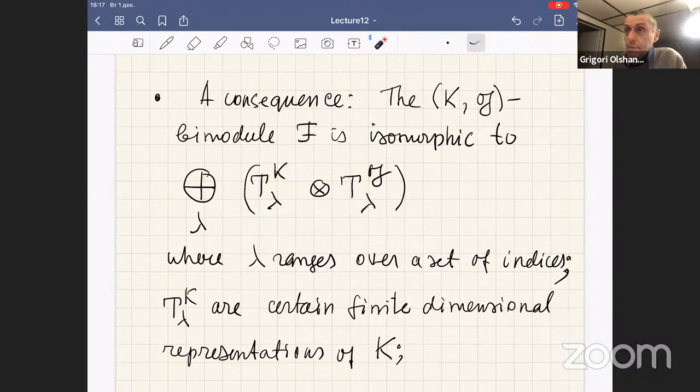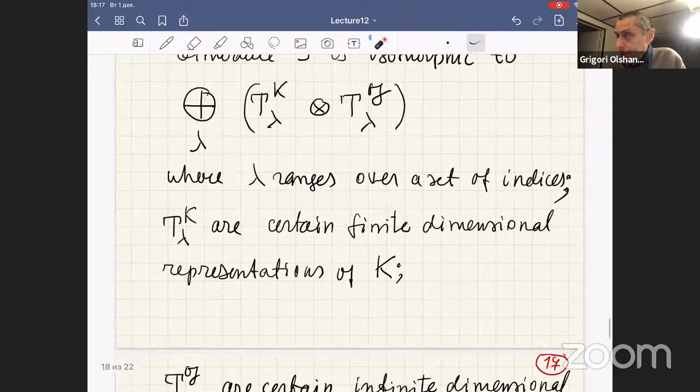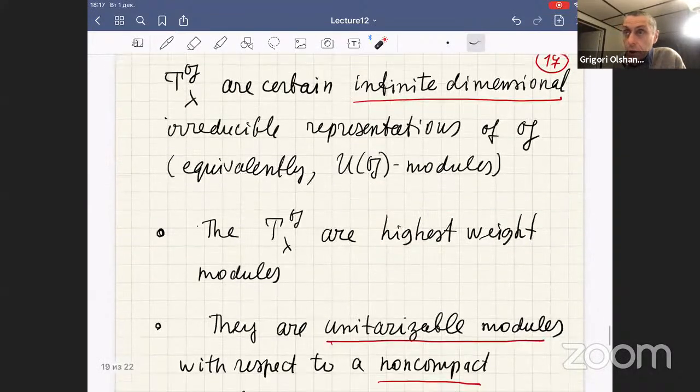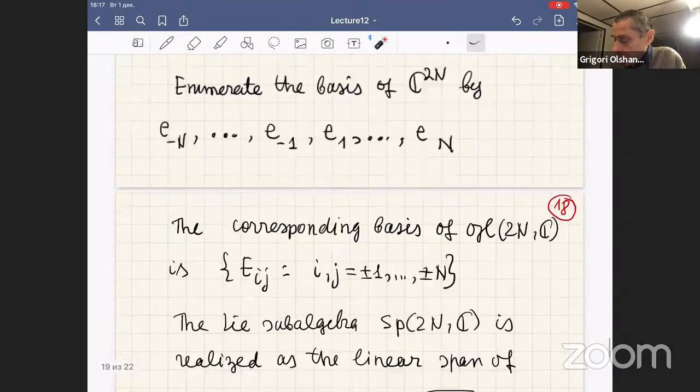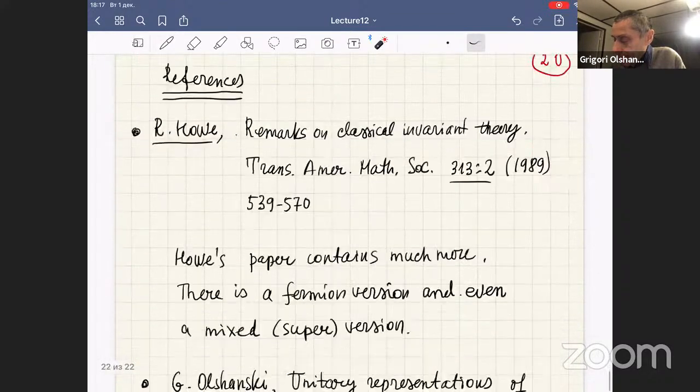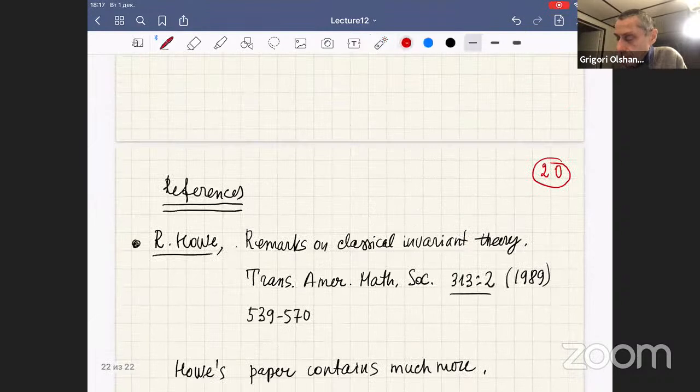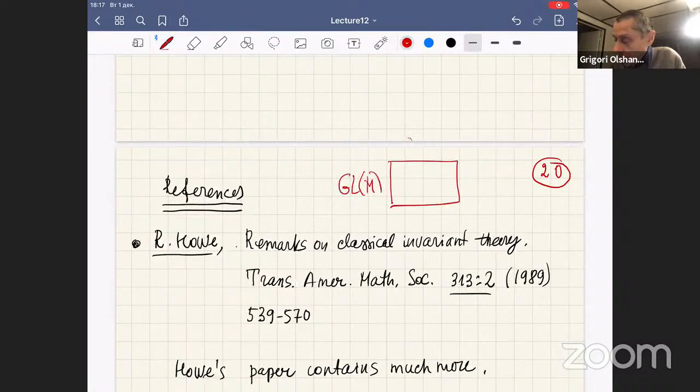And the duality that I explained before can also be written in terms of creation and annihilation operators, but the difference is in the realization that I wrote before. So I would like to recall what I did before. What I did before was related to the realization on rectangular matrices with the action of GLM and GLN.